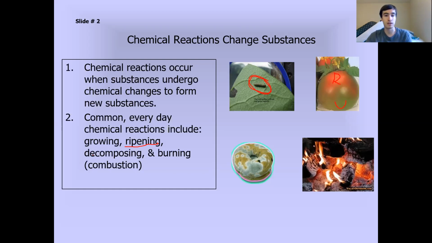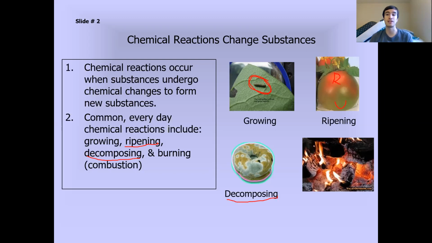Decomposing is another major set of chemical reactions. There we go. So you leave out a bread or some bagels or a fruit for way too long, and eventually it'll start breaking down.